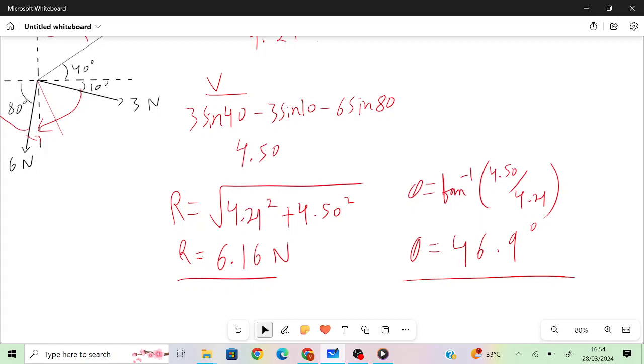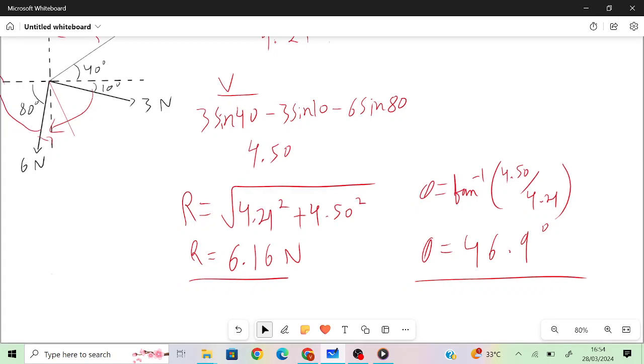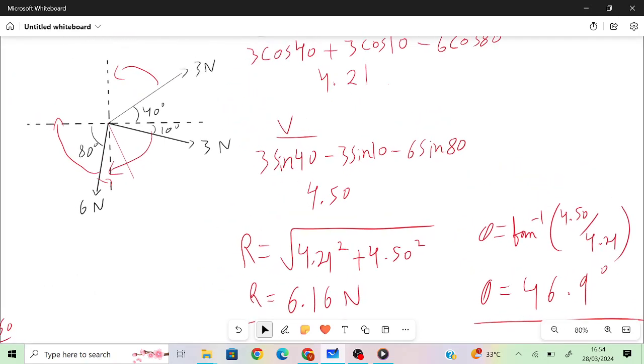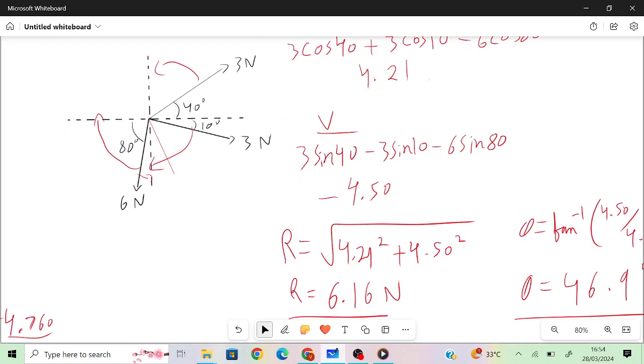So the resultant force is 6.16 newtons at an angle of 46.9 degrees from the horizontal, and since we had gotten a minus here, we know that it's towards downward, so it's probably somewhere here. That's where it is, because this is roundabout 45 degrees, so 46.9 degrees. You can actually leave a minus sign. It's actually a good idea because it shows the examiner that you know that it's in the downwards direction.